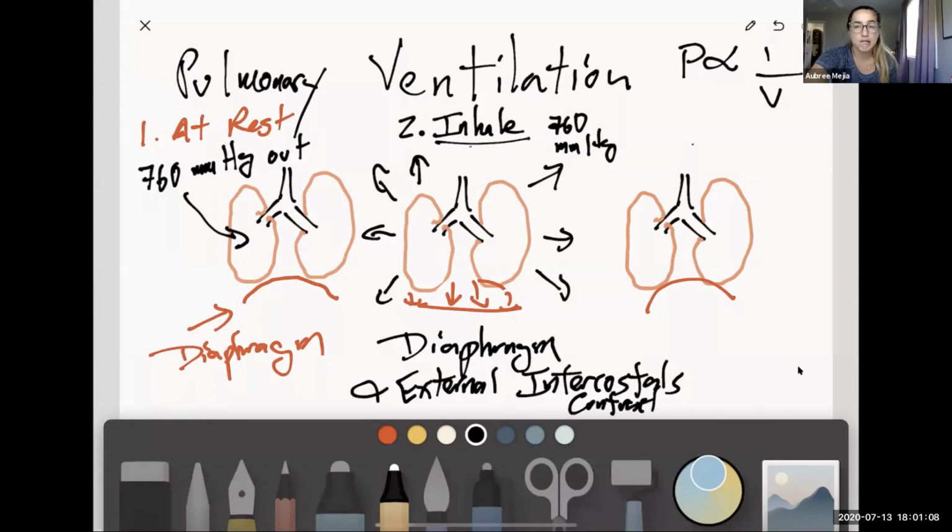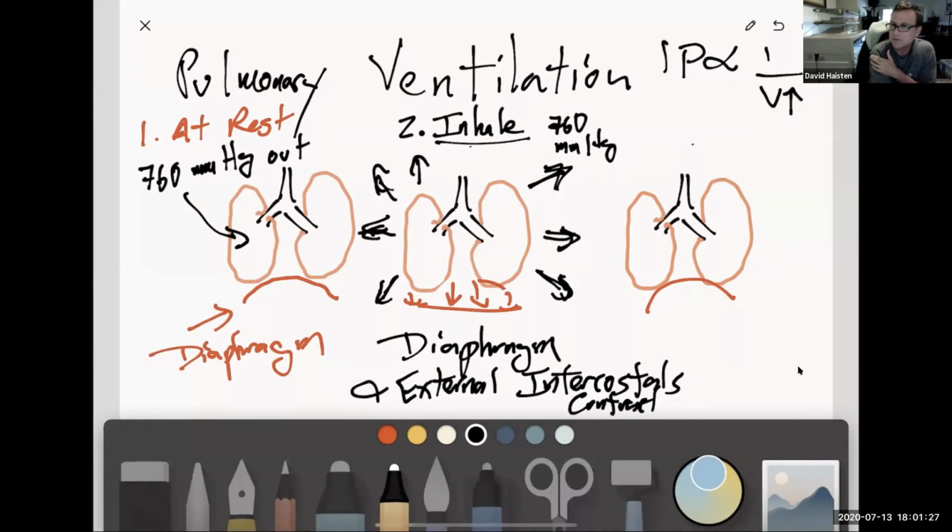Yeah. No. Decreases. I just told you the volume went up because the diaphragm and external intercostals contract. These arrows mean the volume in your lungs just increased. If this goes up, this goes down.